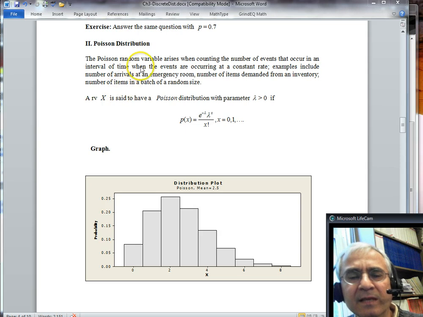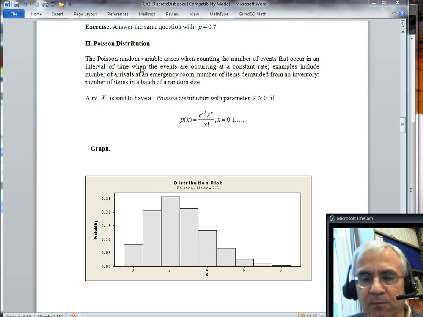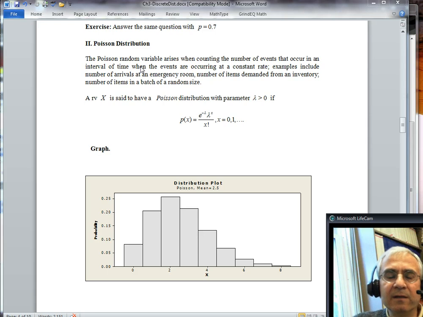The Poisson random variable, which gives rise to the Poisson distribution, arises when you count the number of events that occur in an interval of time when the events occur at a constant rate.